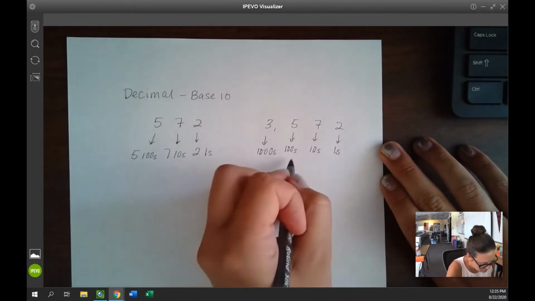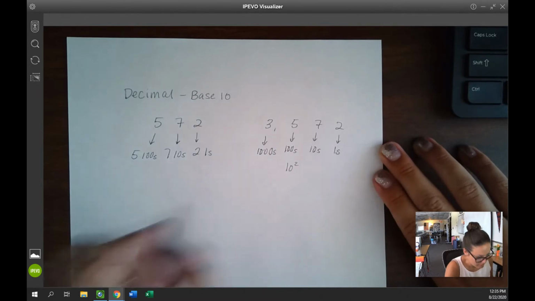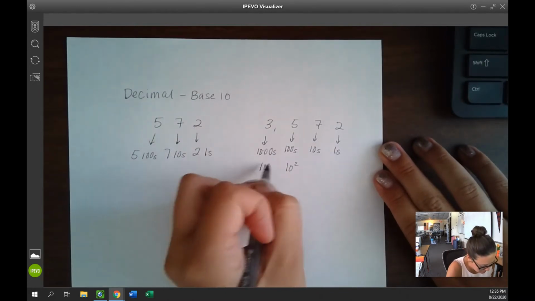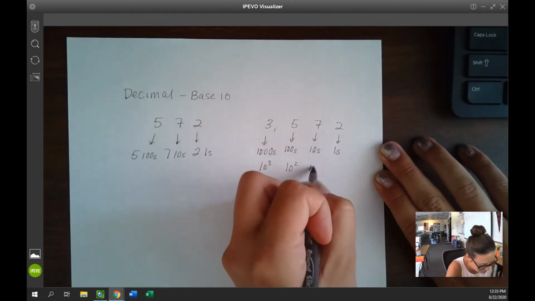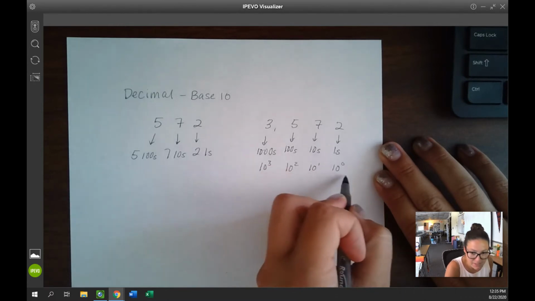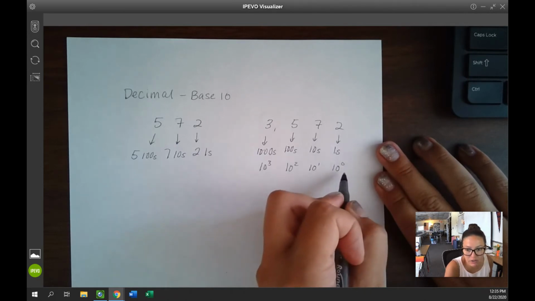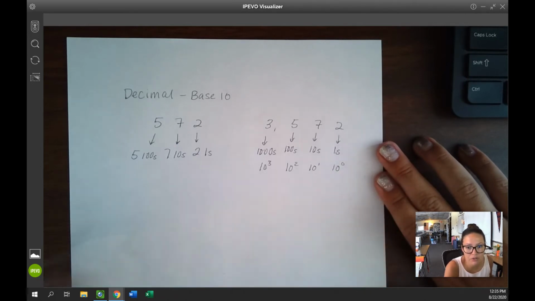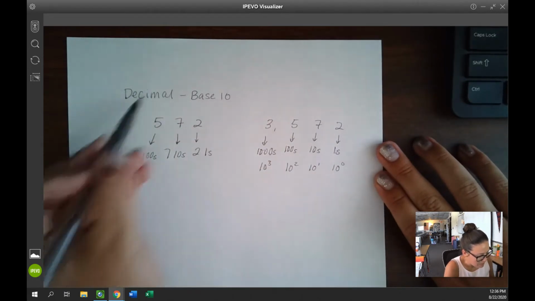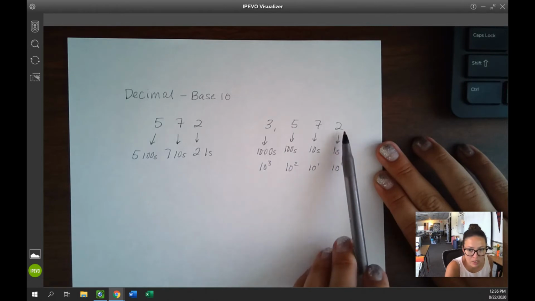You might recognize right away that 100 is 10 squared, 1,000 is 10 cubed, 10 is 10 to the 1, and 1 is 10 to the 0. This might be a little flashback for you: anything to the power of 0 is 1. 10 to the power of 0 is 1. So this is what we call base 10. This number tells me how many ones there are.